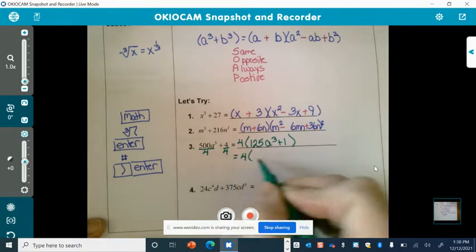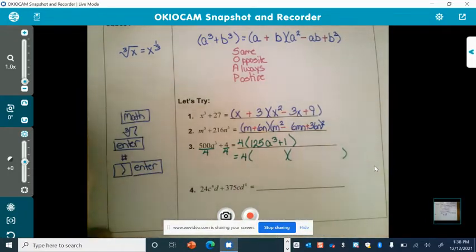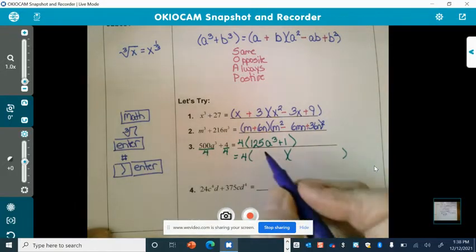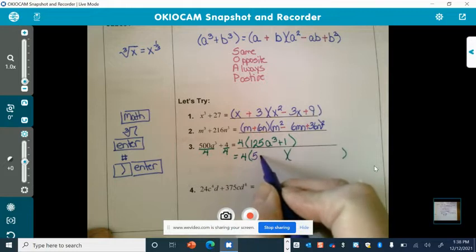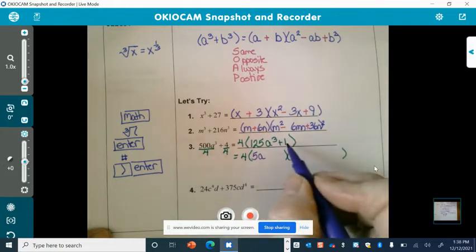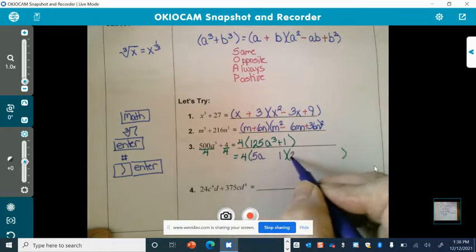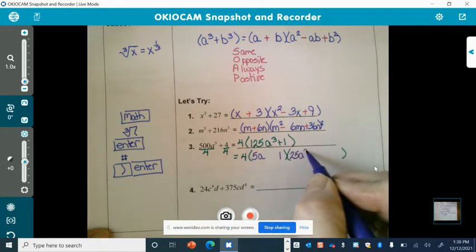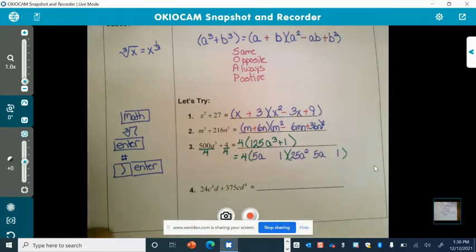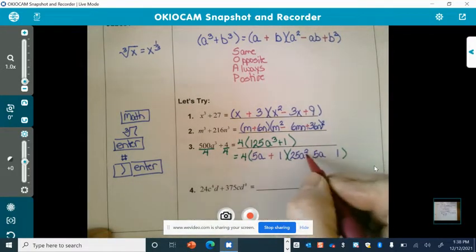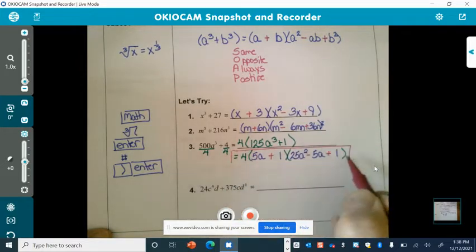So 4, binomial, trinomial. Let's take a look. The cube root of 125 is 5, and the cube root of a cubed is a. The cube root of 1 is 1. Square my first, multiply them together, square the last, and apply SOAP. This is my final answer.